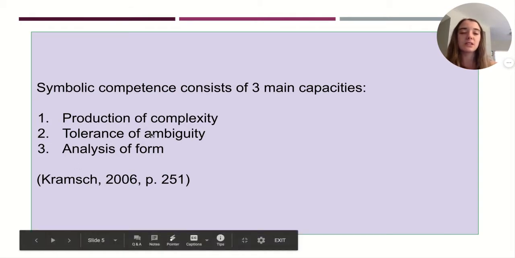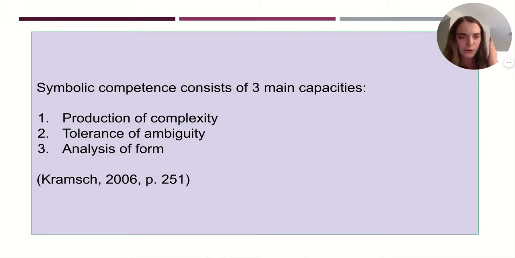So the ability to look at any type of text or interaction and to challenge it, to pose questions, to complicate it, rather than trying to just simplify and understand it as it is. Number two, the tolerance of ambiguity. So the fact of being okay that things are unclear and that there might be contradictions, and not necessarily looking to resolve those immediately because we're uncomfortable with them.